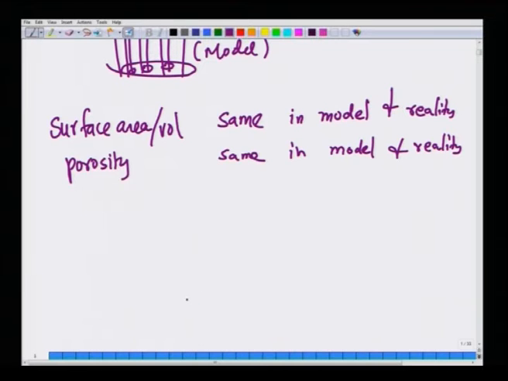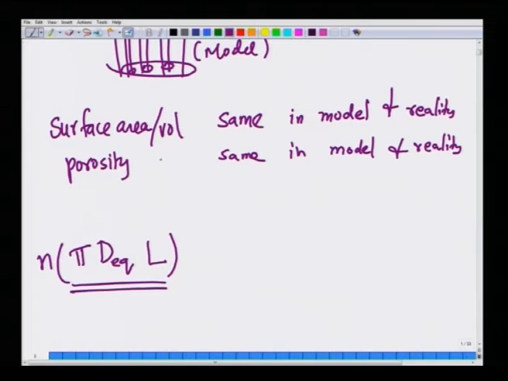So, first let us equate the surface area. Let n be the number of such tubes, and pi d equivalent times L is the surface area of a single tube, if you have a tube of some equivalent diameter, and L is the length of the tube.